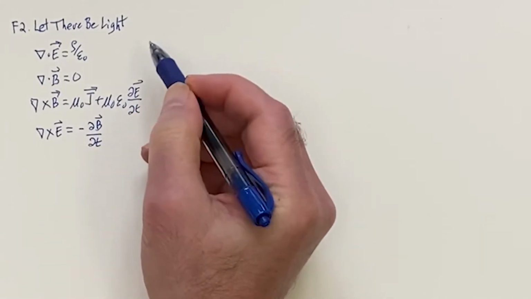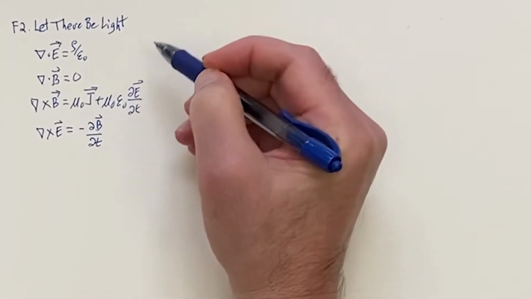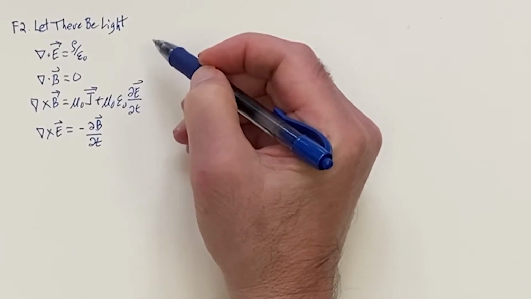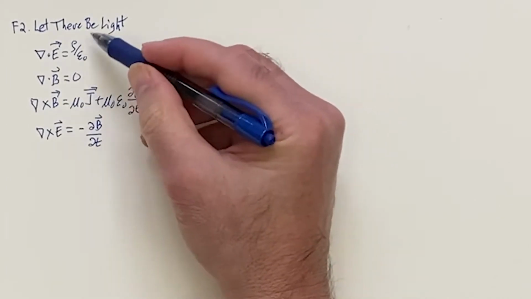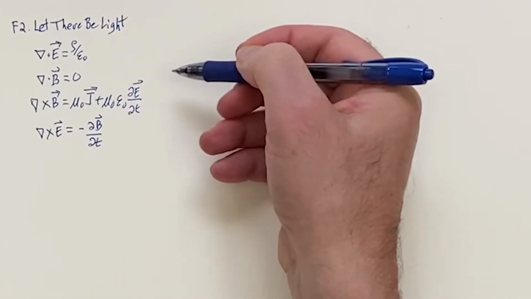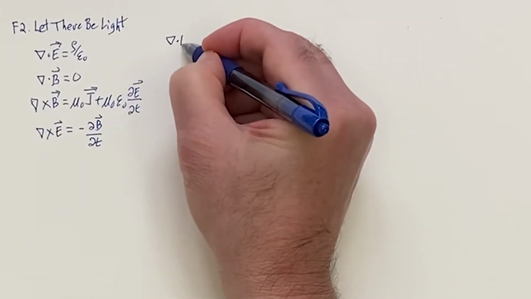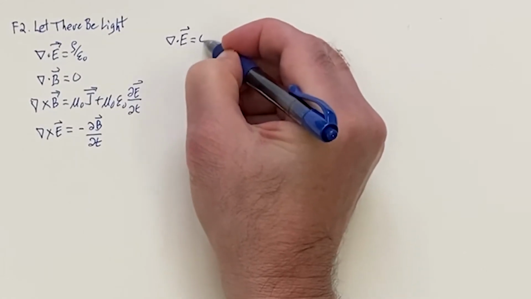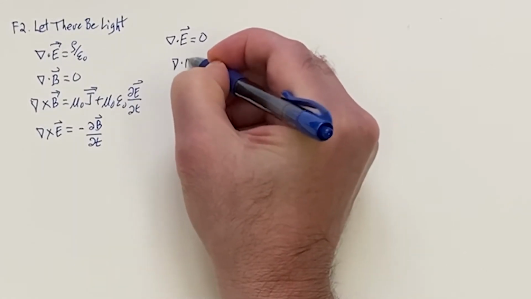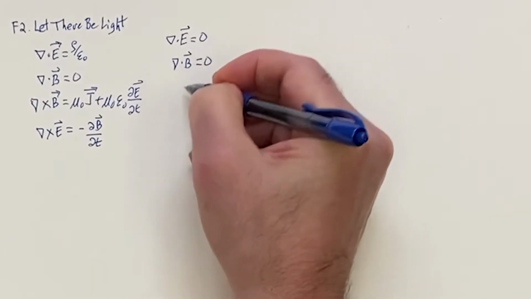Now we're interested in the Maxwell equations in free space. So the free space Maxwell equations have no charge. In other words, we're far away from the charge. We're far away from any currents. So that means this one is going to be 0. This one already is 0.